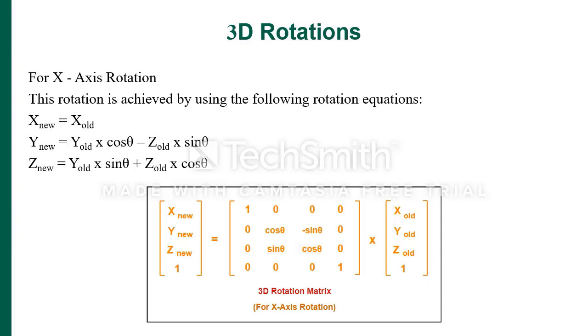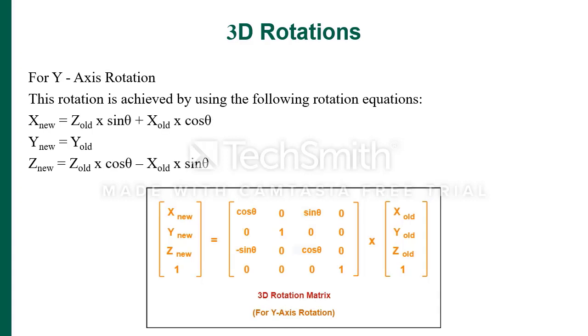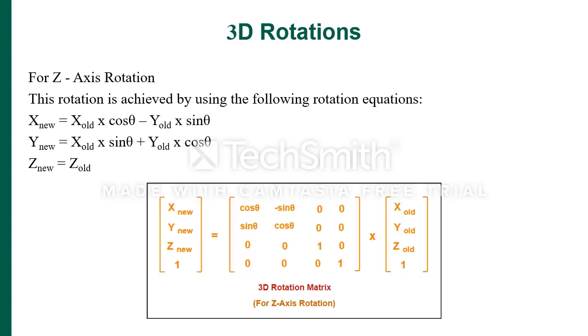This gives a 3D rotation matrix defined in this method. For the y-axis, the rotation happens about the y-axis, so y doesn't change, and we get the x new and z new values from this. Next, for the z-axis, the z coordinate doesn't change, so we get the x new and y new values.